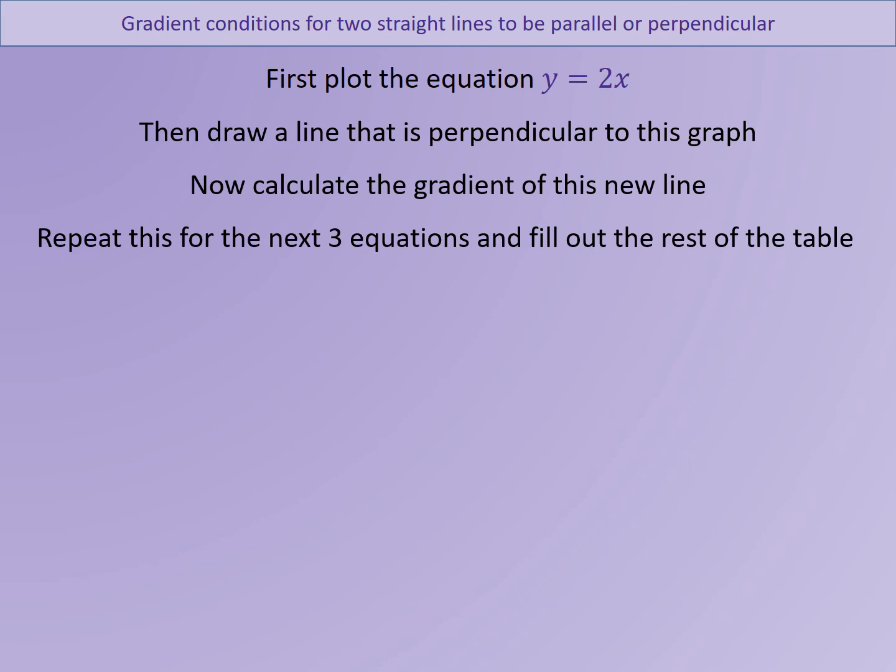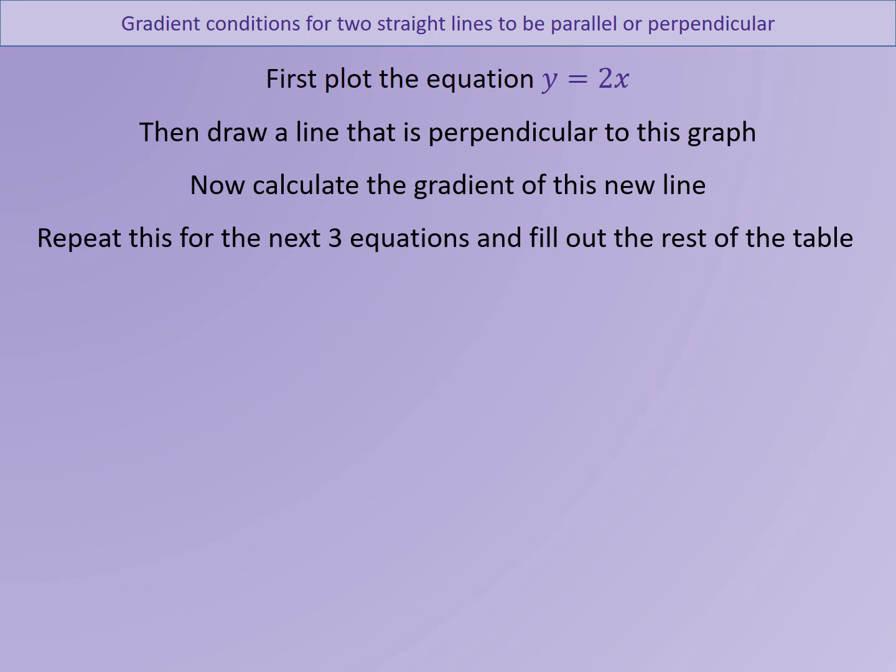We know that it is a straight line, of course, so you can plot that line on your graph paper or square paper. And then what I'd like to do is to draw for me on the same piece of graph paper or square paper. Can you draw me a line that is perpendicular to it? So meets at a right angle. That's what perpendicular means. They meet at a right angle.